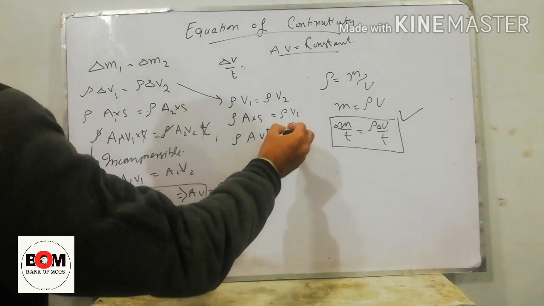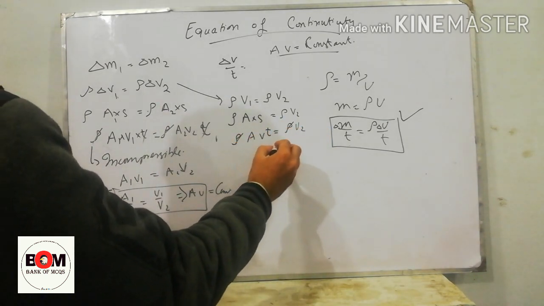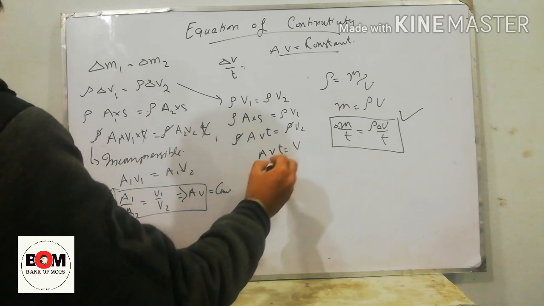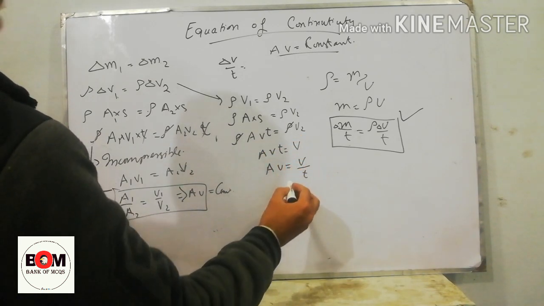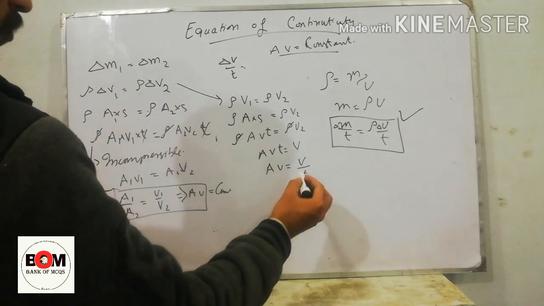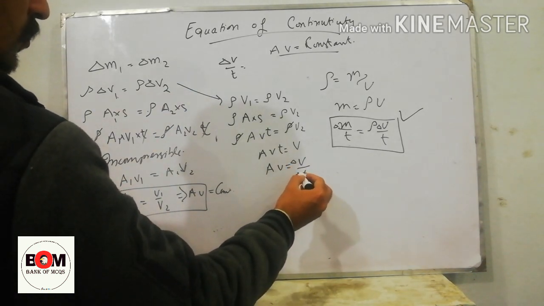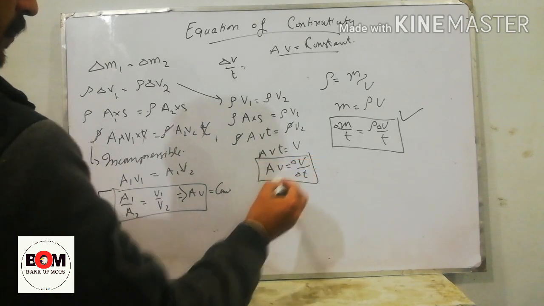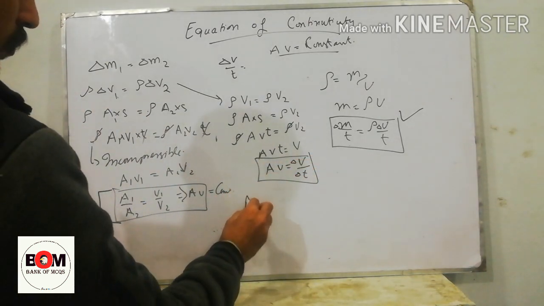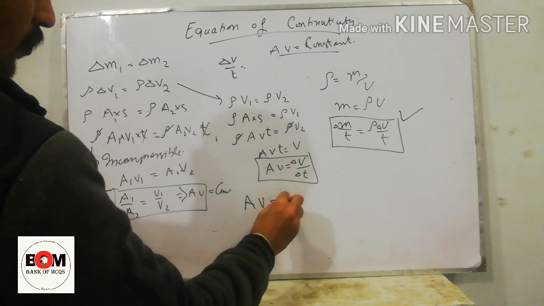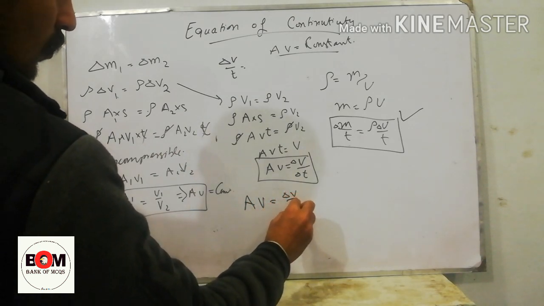So density cancels with density, and we get AVT is equal to volume. So we can also write AV is equal to V divided by T. So for the rate of change of volume with respect to time, we get that it is equal to the product of A and V, that is the equation of continuity. So we can also write that the product of AV is equal to ΔV by ΔT.